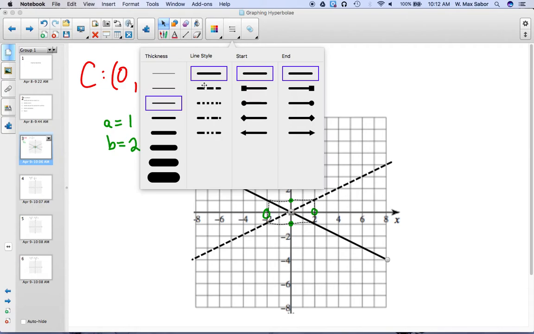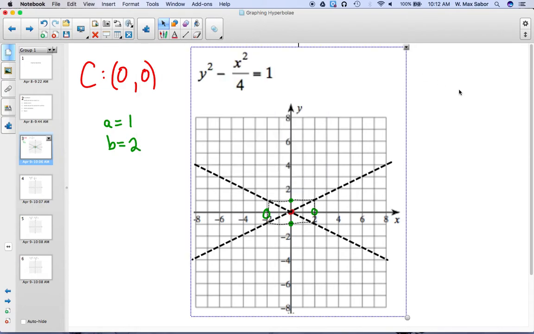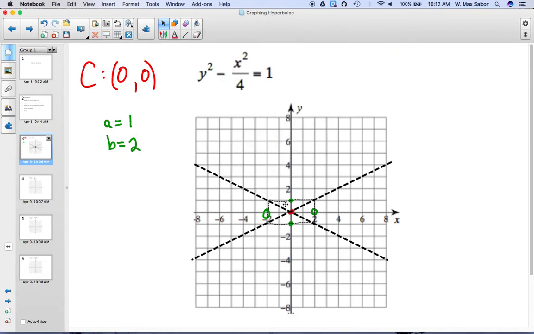Once we have plotted our asymptotes, now using whichever one with the vertices, we can sketch something that starts at each of the vertices and approaches those asymptotes. So it starts here and approaches those asymptotes. It's a little sloppy, but that is what the hyperbola approximately looks like.